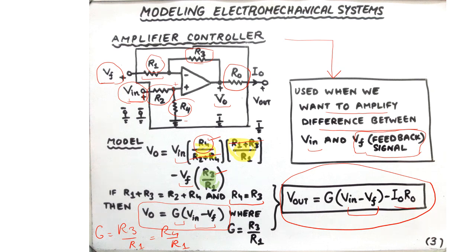So once again, it is reminded that this version of an amplifier controller is used whenever we wish to have a negative feedback in the system, which is essentially another voltage input such as Vf, which is going to be subtracted from the main input or the reference input V in.